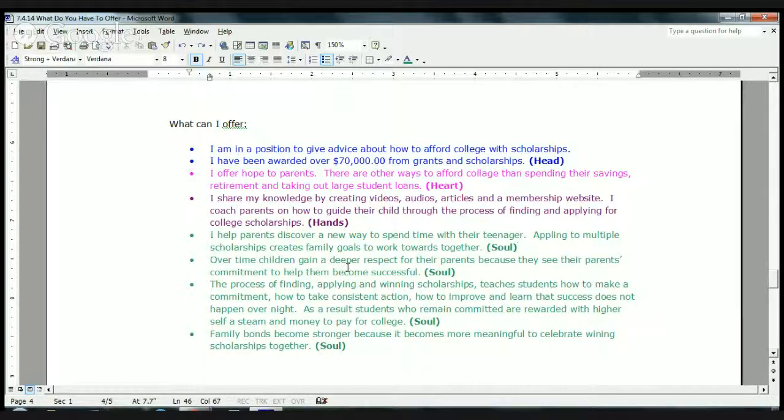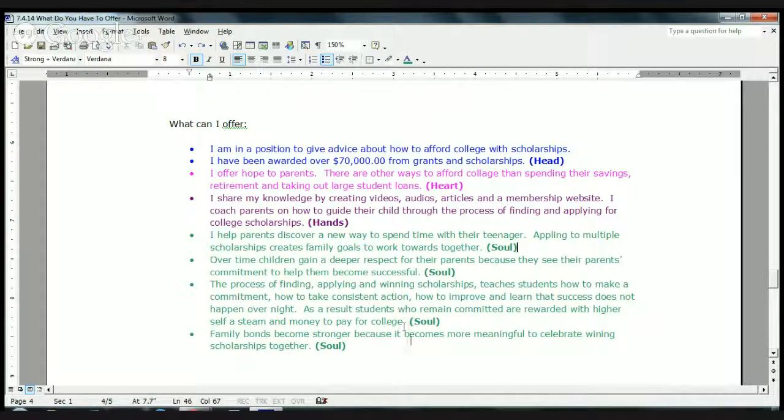But ultimately what that does is give families a reason to create goals as far as how to afford college, and then parents and children interact on a different level because now they're working together to reach a common goal. And over time, this builds respect for the parents, because children see that their parents are helping them and are committed to helping them become successful and have a bright future.